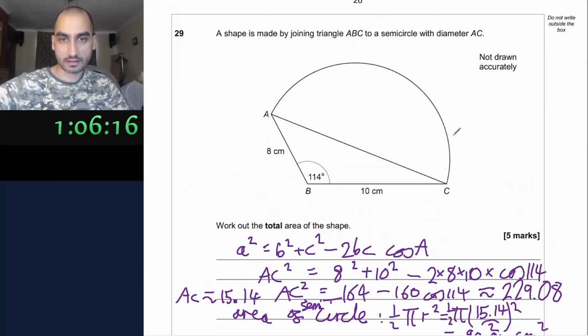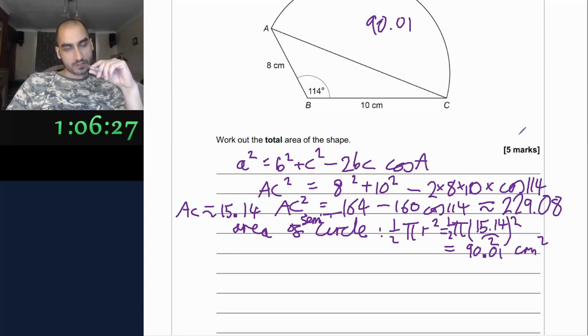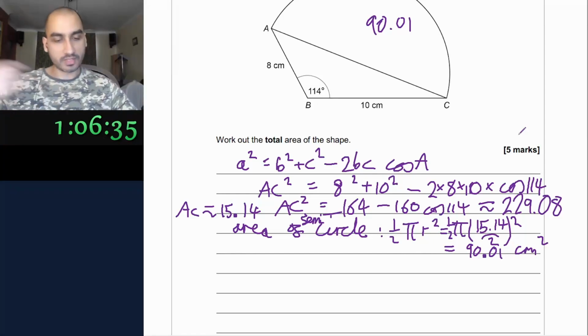Okay, that gets us this. How do you find the area of a triangle again? You use half AB sine C? No, that's half AB. This is probably in the formula book, we'll check it.